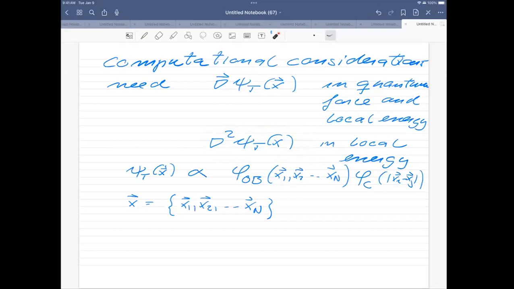When you're programming now, this quantity here is a vector because it's a gradient. The local energy and the kinetic energy term is a scalar. So when we are now calculating the local energy, and in particular the kinetic energy, and we are looking at a wave function which has this shape here, then we will end up with the gradient of this one multiplied with the gradient of that one when we take the derivatives.